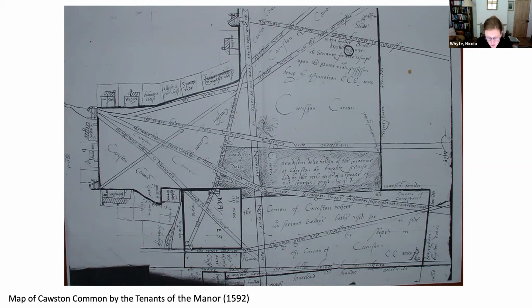It gives those of us interested in everyday life, customary landscapes, social relationships in the period, a better understanding also, though, of materiality, of landscape, of movement, of everyday practices in the processes of making and remaking boundaries.